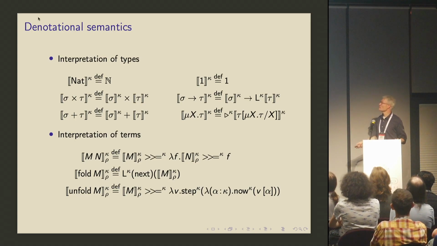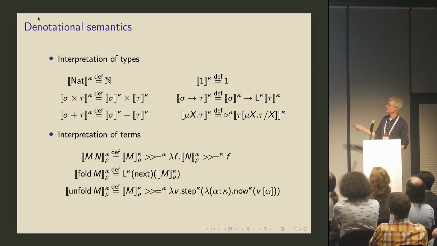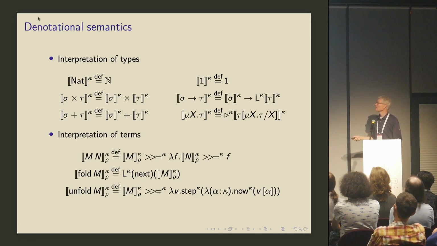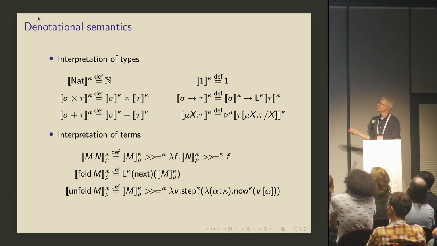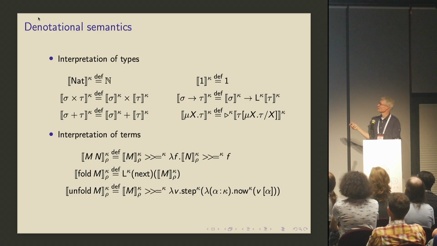And so I can do interpretation of terms, and interpretation of terms is just straightforward. The interpretation of application is straightforward because I just use the monadic structure of this one here. For fold here, when I evaluate M, M has the unfolded type, and I want to end up in the recursive type, so I need to add a later, and I do that by using this step, which introduces a later.